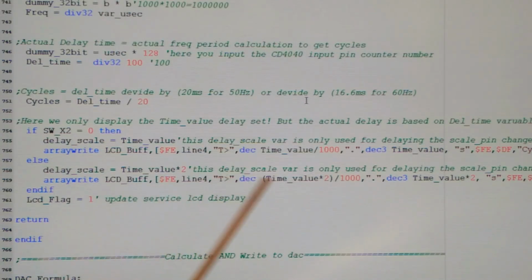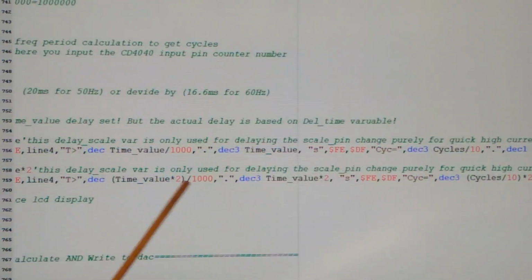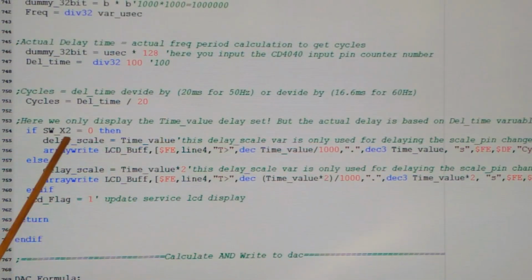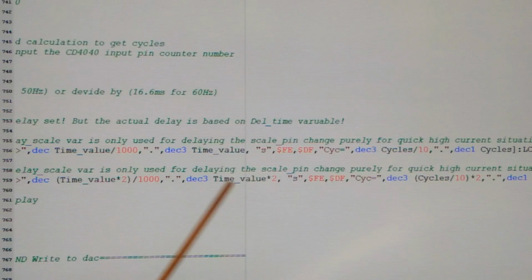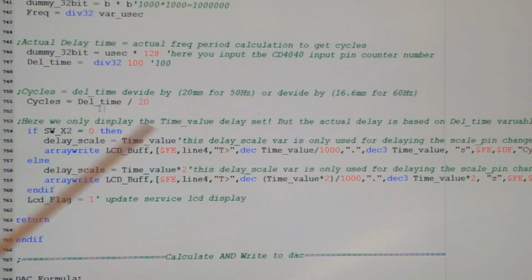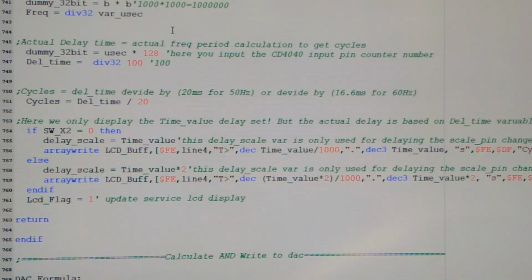All I had to do is times it by 2 on the LCD screen. Whether the scale is on times 1 or times 2, I just display it times 2 on the LCD screen. I don't have to alter the formula in the code, just to make it simpler. So that's why I did that.